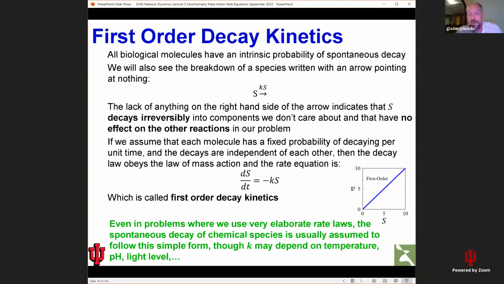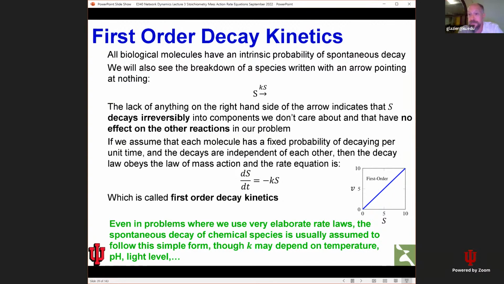The probability for covalent bond breakage is very, very low. But if you have hydrogen bonds or van der Waals bonds in your molecule, then the thermal fluctuations in the system are comparable in magnitude to the binding energy. And so you can have spontaneous breakdown of molecules.